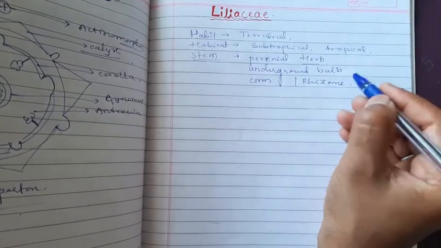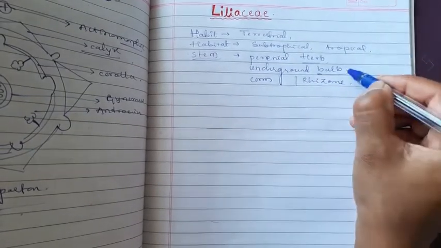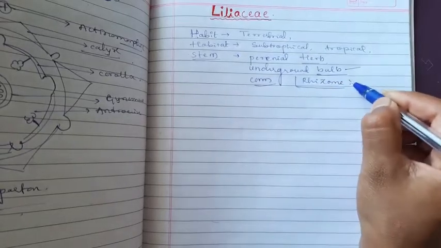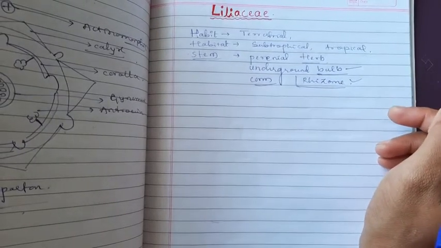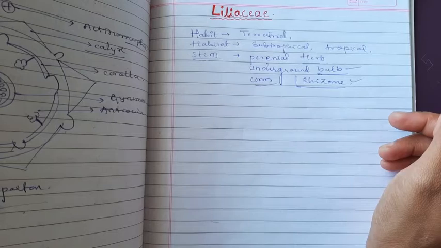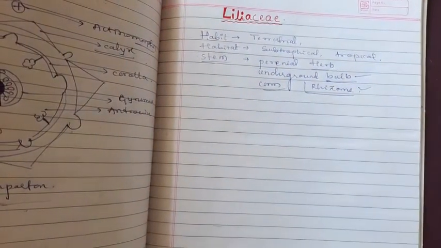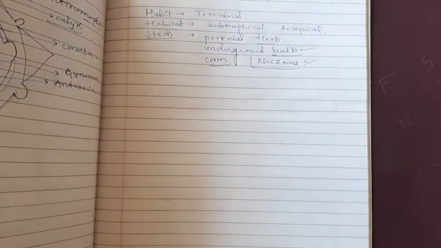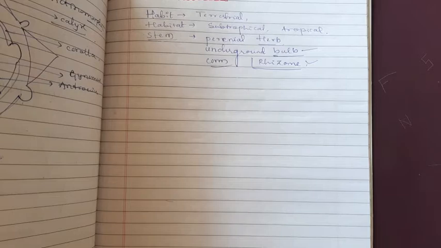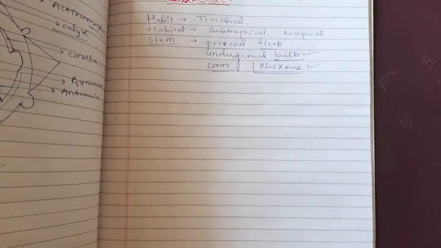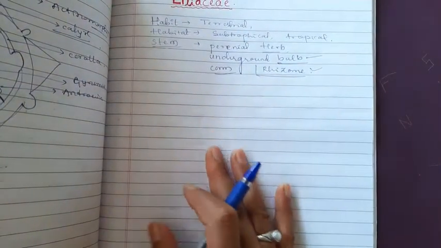We already discussed underground bulb, corm and rhizome in vegetative reproduction, okay. In the chapter on root and shoot modification we discussed everything. The stem is modified into rhizome, bulb, corm, everything we discussed, okay.